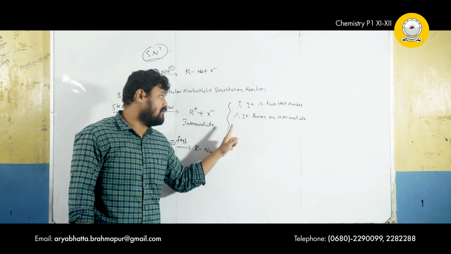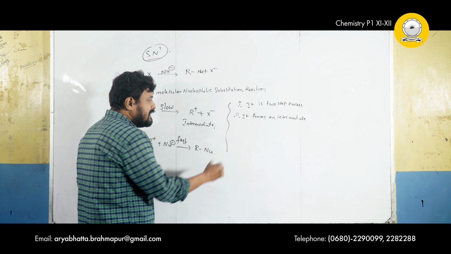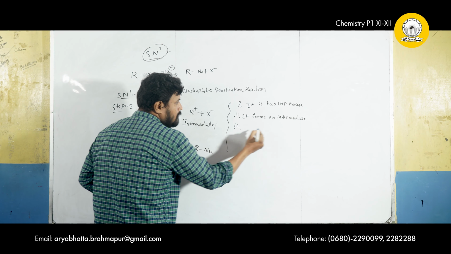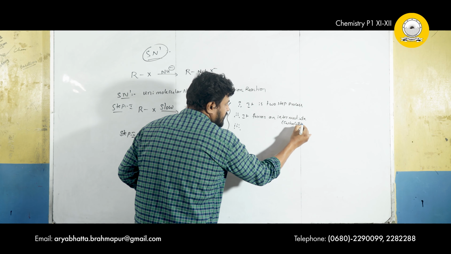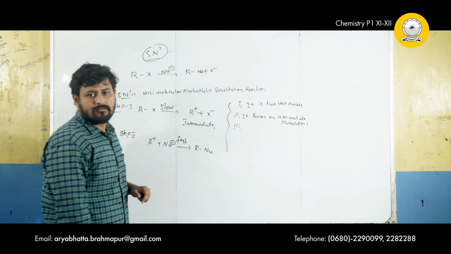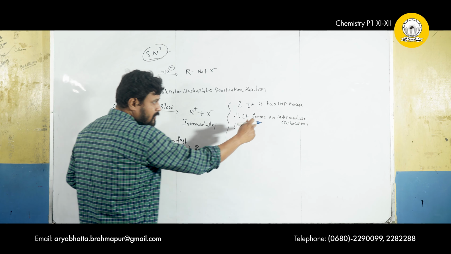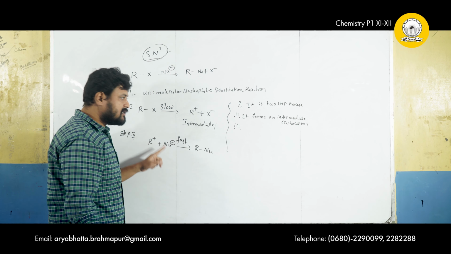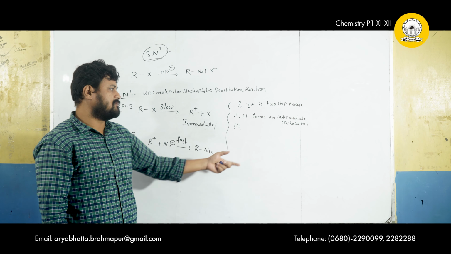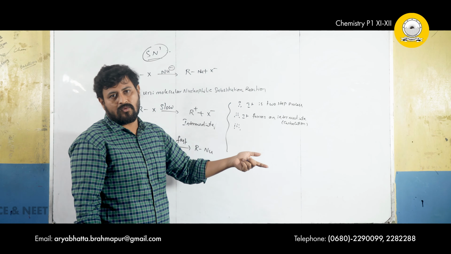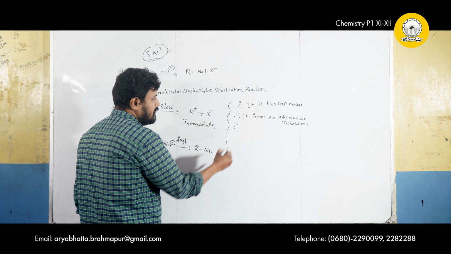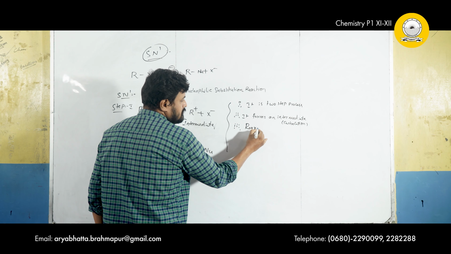The third one is very important. Here the intermediate formed is a carbocation. Not only in this reaction, in organic chemistry a carbocation mostly forms as an intermediate.